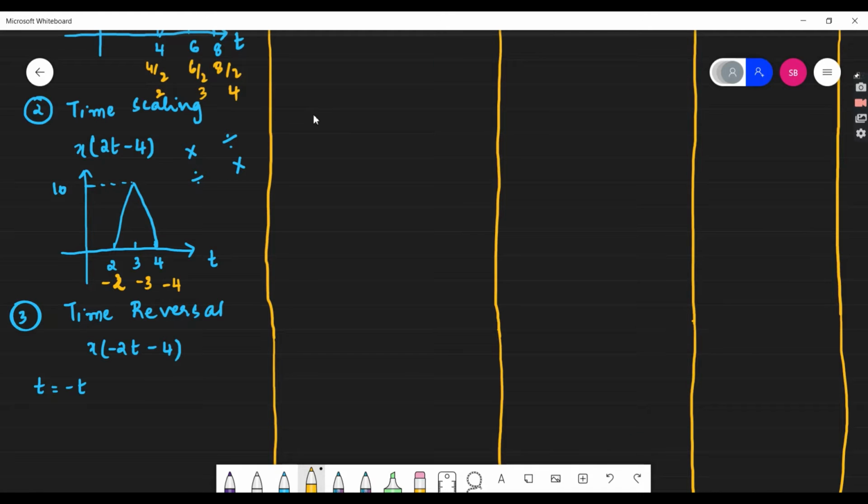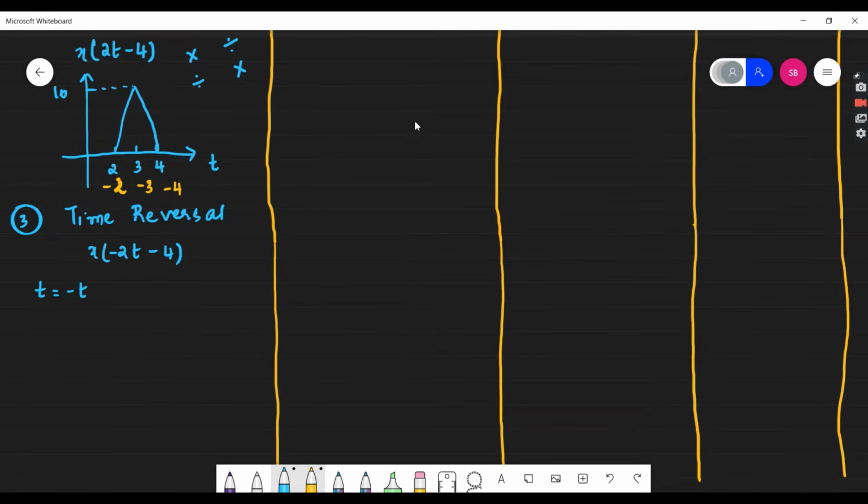In such a condition, I will be getting the plot for the x of minus 2t minus 4 signal. Let me just erase this. This is 2, 3 and 4. So I have to take the signal from the negative side now, the mirror image.